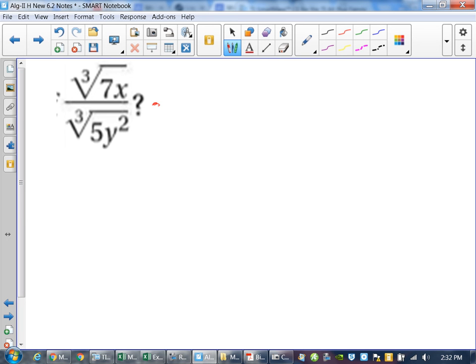So we have a 5 squared and a y. So you get 5y in the denominator.